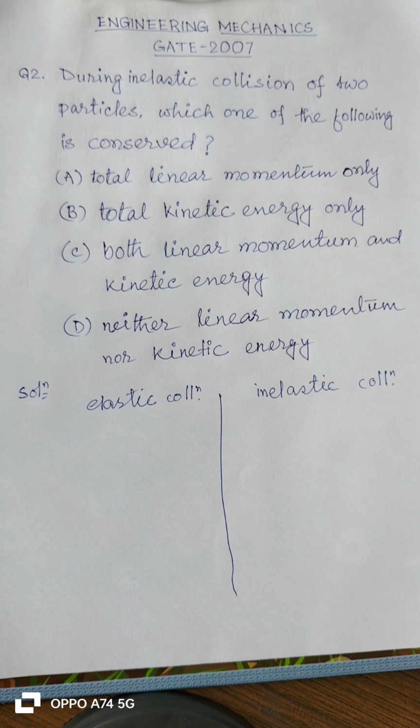That means during the collision there will be no loss of energy. I mean, the total kinetic energy possessed by the two bodies undergoing collision will be the same after the collision. There will be no loss.